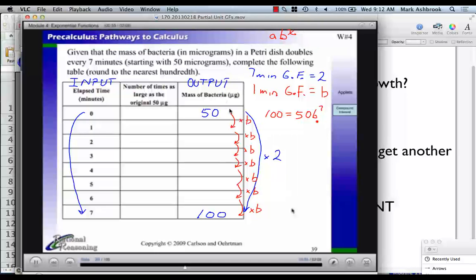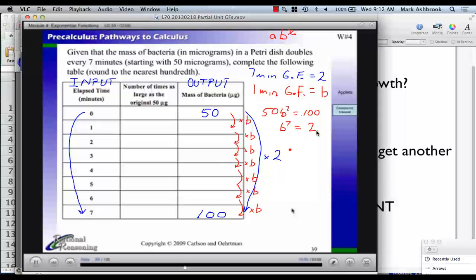All right, and so this allows us now to find what that 1 minute growth factor is. Let me rewrite that. So let's do it the other way. 50b to the 7th equals 100. And so what does b to the 7th equal? 100 over 50, right?